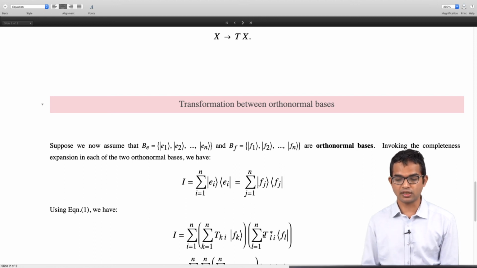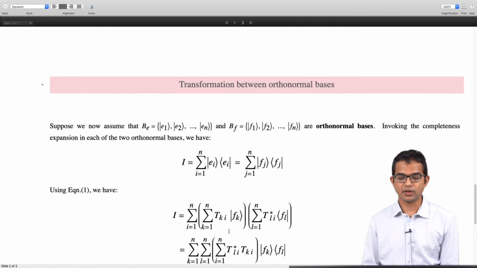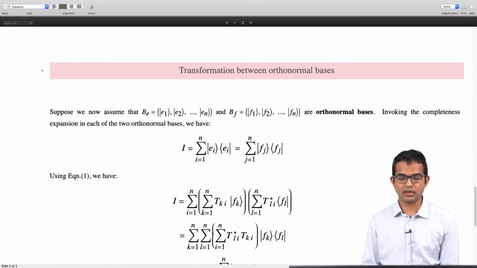The conjugate has to be taken. These are coefficients, and then if I group them all together in a nice way, I have summation over k, summation over l, summation over i brought right into the center. Then I have summation over i of t_li star t_ki, |f_k><f_l|. But this must finally equal summation over j of |f_j><f_j|.